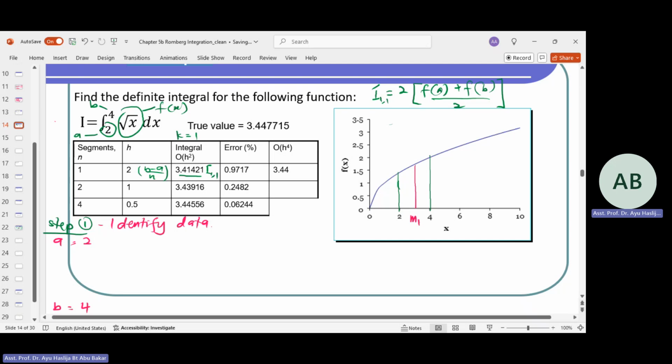How do you find M1? We have H over here, 1, right? So 2 plus the H, you will get M1. So H is 1, M1 is 3.